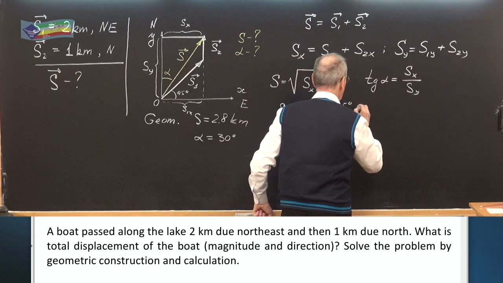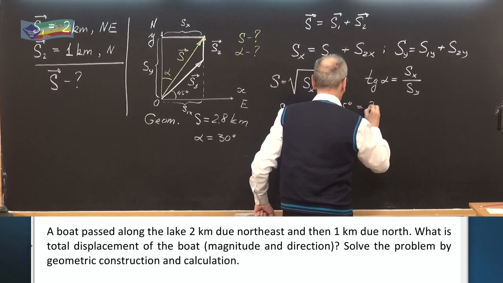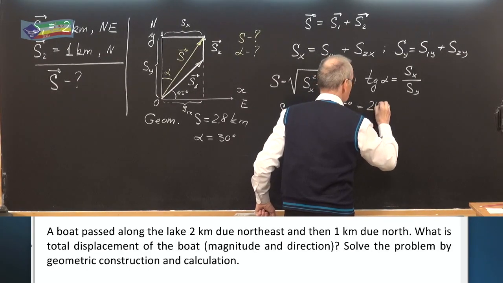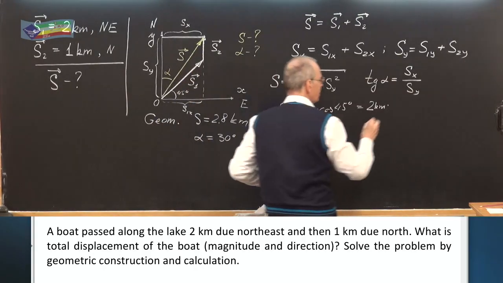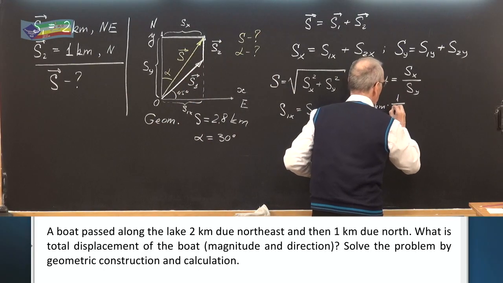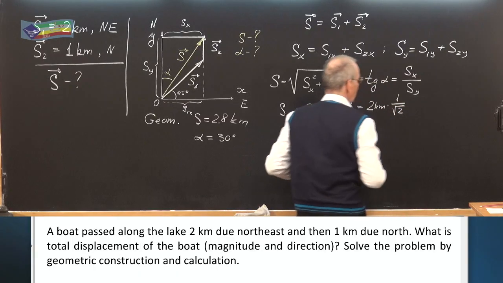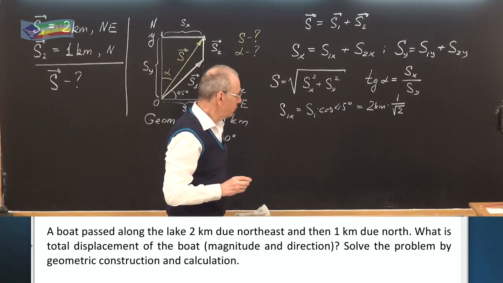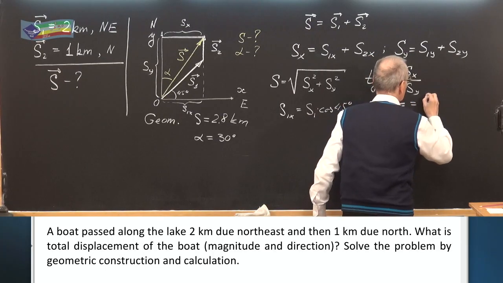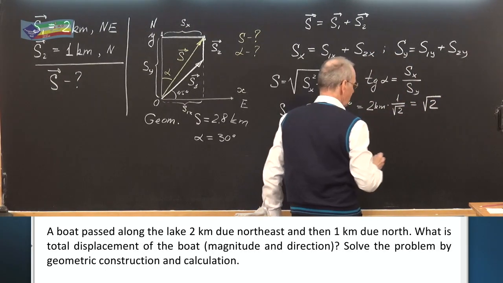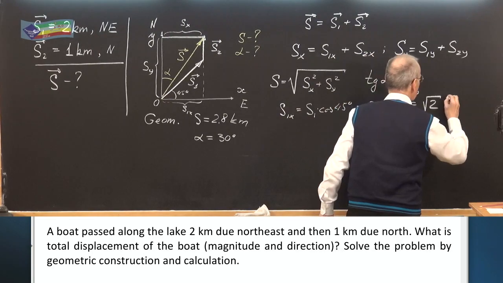Cosine of 45 degrees is 1 over the square root of 2. So S1x equals root of 2 kilometers.